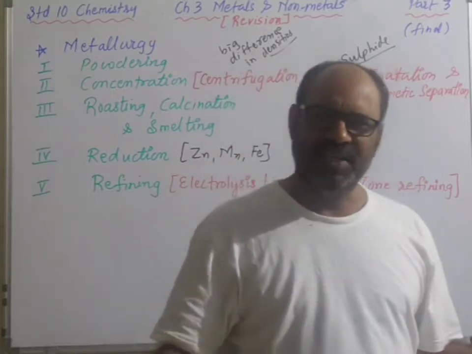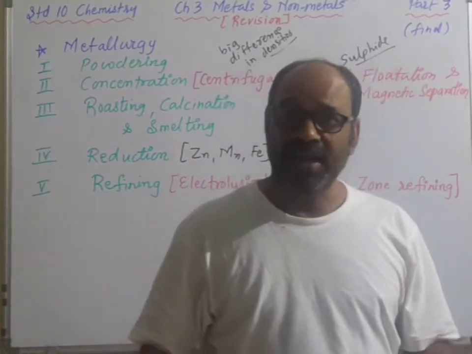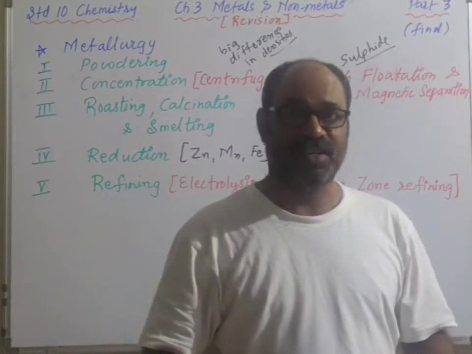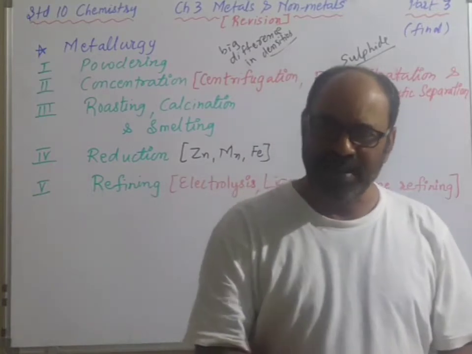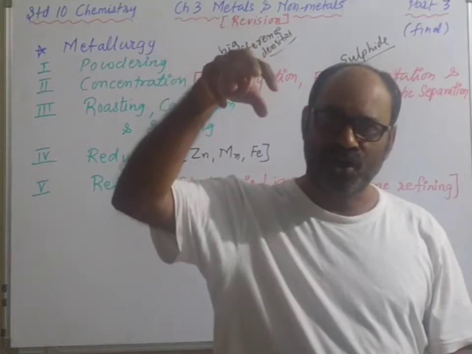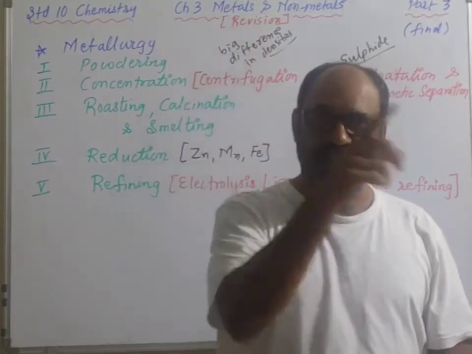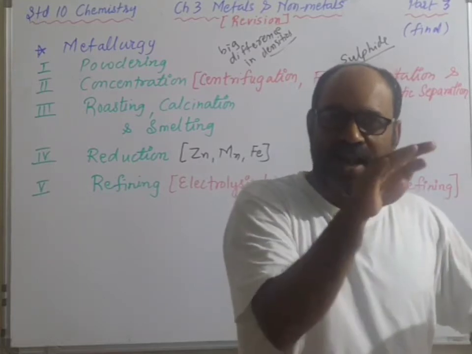Magnetic separation, very easy. A magnet attracts the iron. So if any iron impurity is there in the ore, then that iron is removed with the help of a magnet. The powdered ore is dropped on a belt which keeps on rotating. At one end there is a magnet.